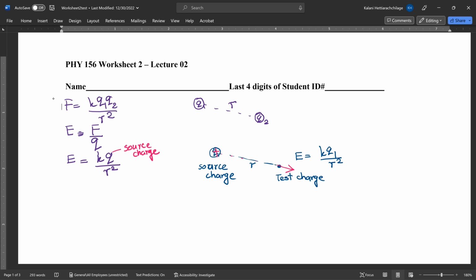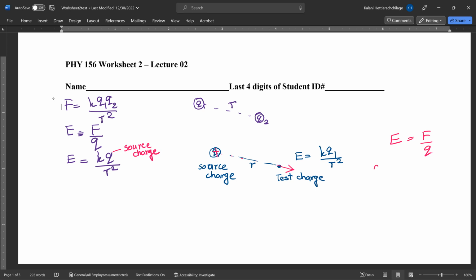Also, it's very important that you know that the electric field can be created in two opposite directions depending on the charge of Q, because it is not always the force direction. You know that the electric field is force over Q, right? So if Q is negative, then you can have the electric field in the opposite direction from the force. But if Q is positive, the electric force and electric field are going to be in the same direction, right?